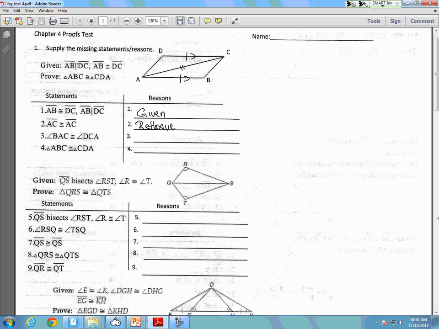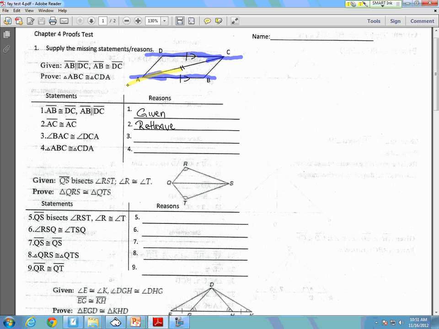Now they tell me the angle BAC, this angle here, is congruent to angle DCA, which is that angle there. Now we got to determine why are they congruent. Well, let's look at the lines that form them. That line there, that line there are parallel.